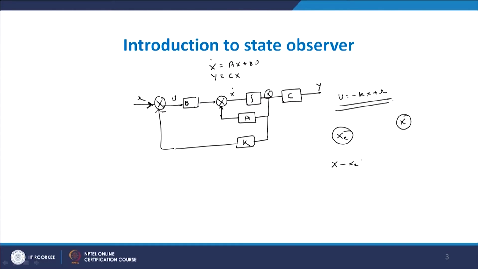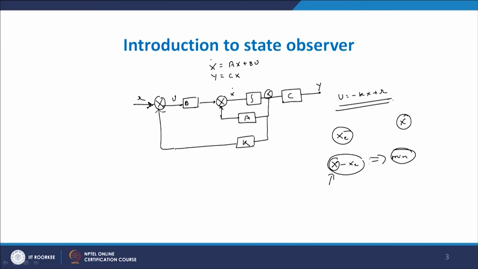That means the difference between x and xe should be minimum. But how will you know that the difference between x and xe is minimum? Because this x cannot be measured, that is why we are determining xe.